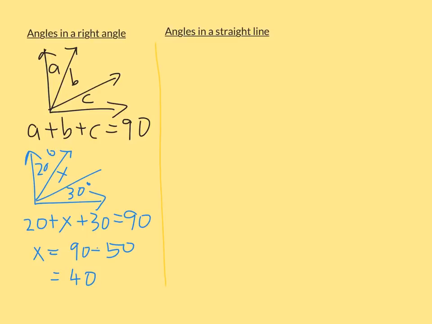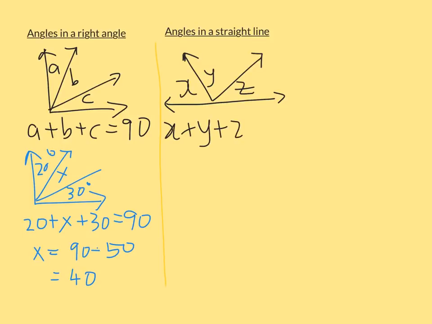The next example we're looking at is angles in a straight line. So if you have a straight line and you have 2 or 3 angles, let's call them X, Y, and Z, and angles X, Y, and Z will add up to 180. We call them angles in a straight line. And let's look at an example here.